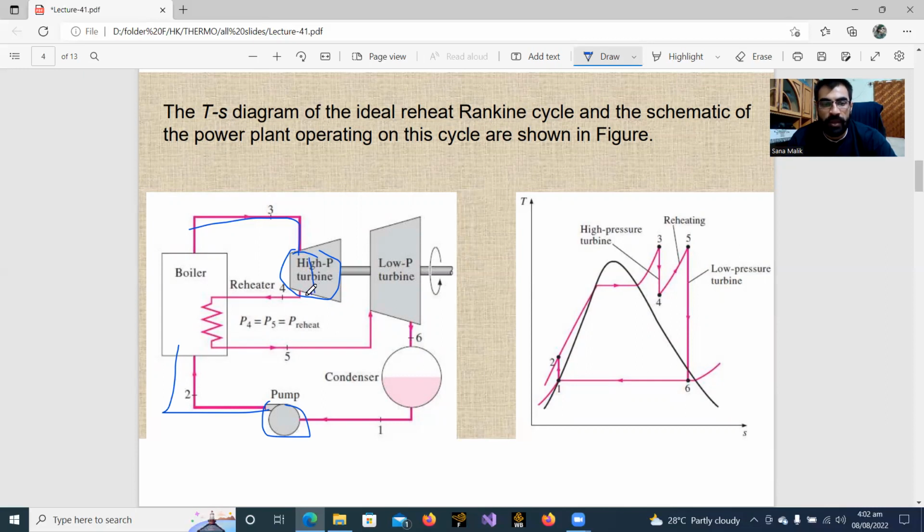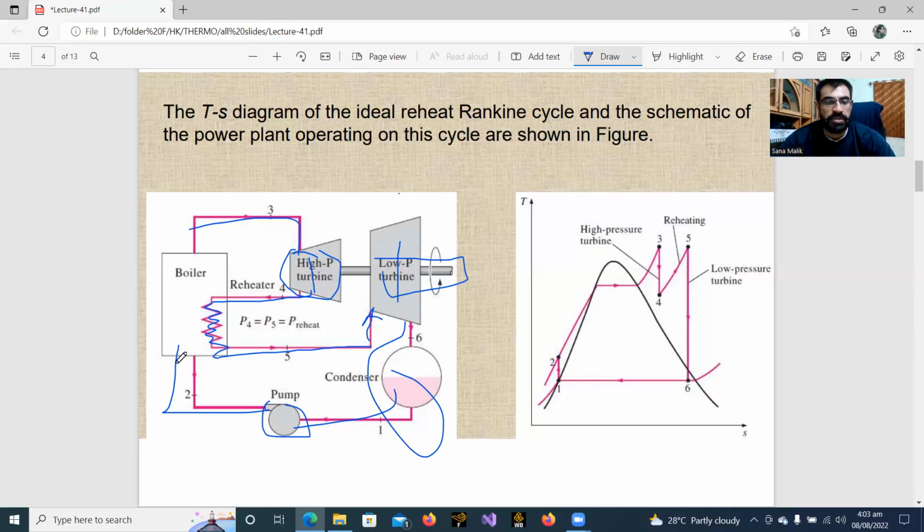From that, we recirculate it into the boiler, where it will be reheated, and then brought back to the low pressure turbine, which again gives us the work output. The temperature will be lowered, it will go to the condenser and then again into the pump. So that's how our reheat Rankine cycle works.